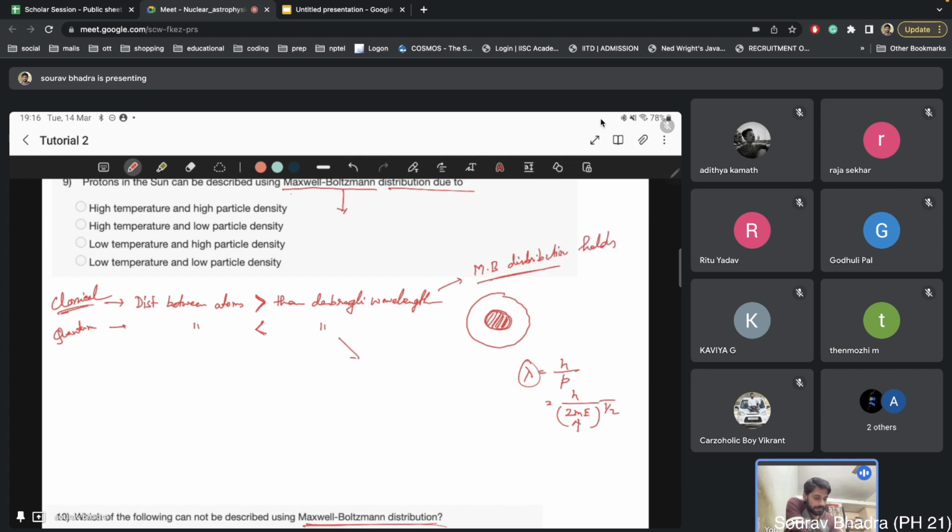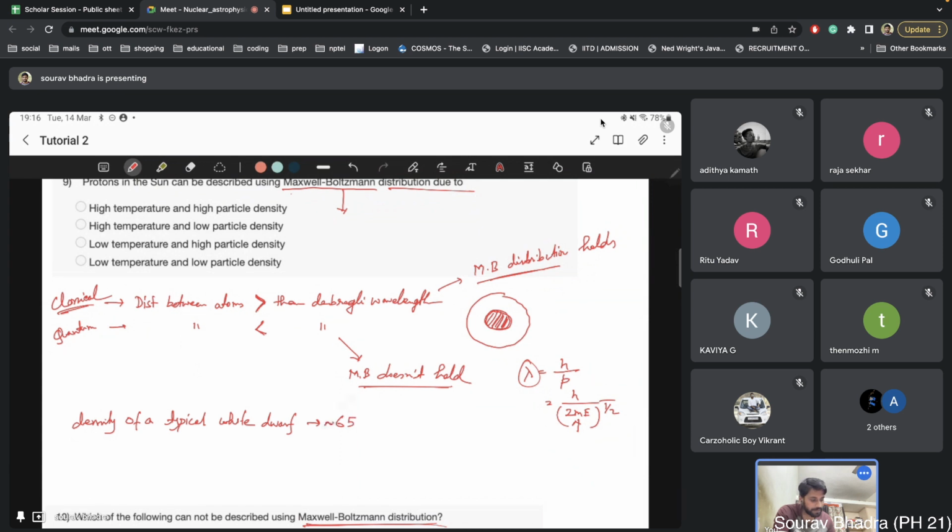But in this case, Maxwell-Boltzmann doesn't hold. Now, if you calculate the density of a typical white dwarf, it is of the order of 650.